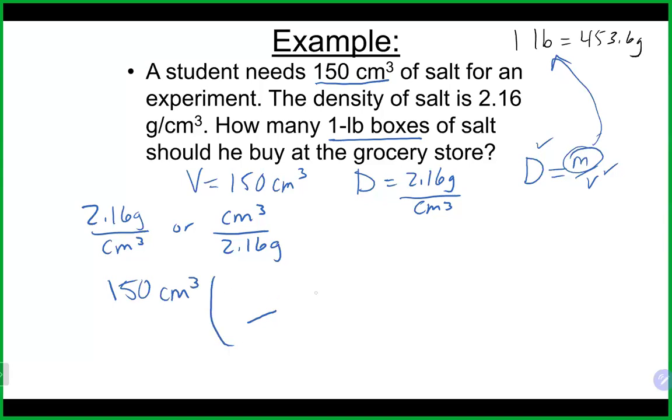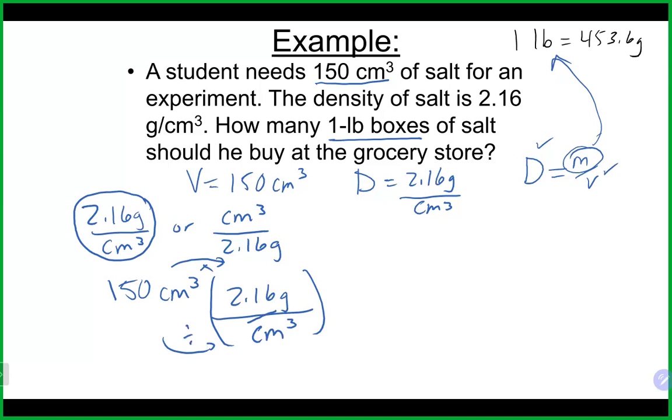Taking that dimensional analysis approach, I want cubic centimeters to be in the opposite location, so I would use it like this. I'm going to be multiplying the top and dividing the bottom. That will cancel out my cubic centimeters and give me 150 times 2.16, which gives about 324 grams of salt needed.